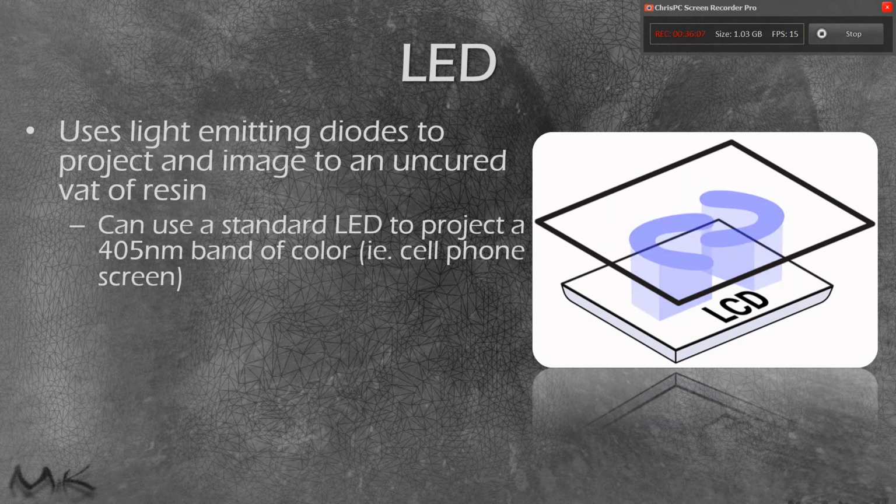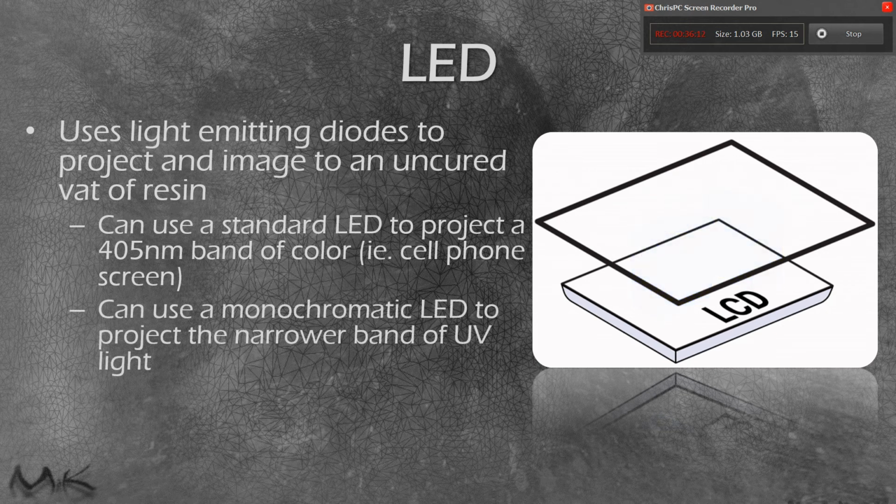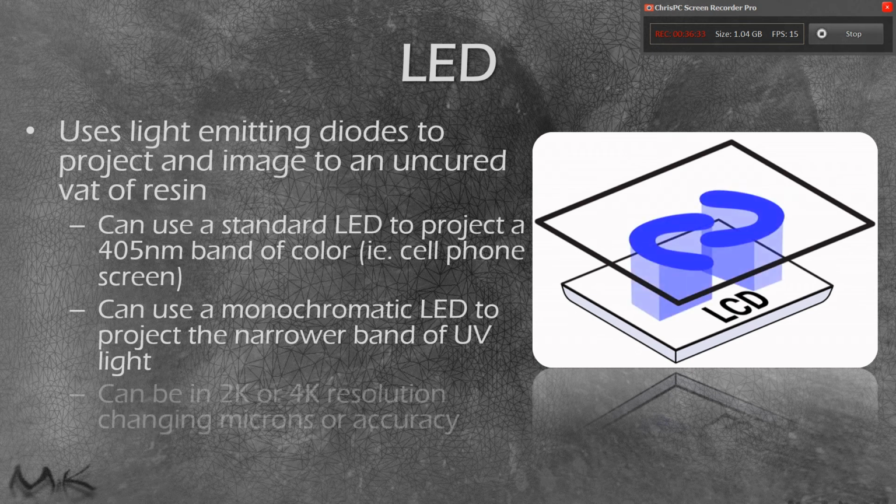Now, some manufacturers are starting to come out with really large LCD printers, and the cool thing is they're becoming monochromatic. With an LED like a cell phone screen, we tended to have loss towards the edges, so prints towards the edges of the build platform would be a little less accurate, with a little higher print failure. But newer printers with monochromatic LEDs project a narrower band of UV light.